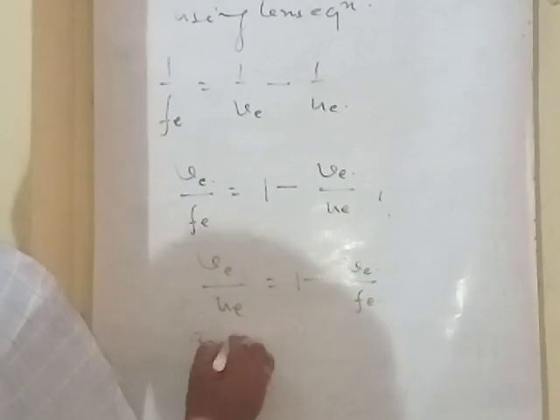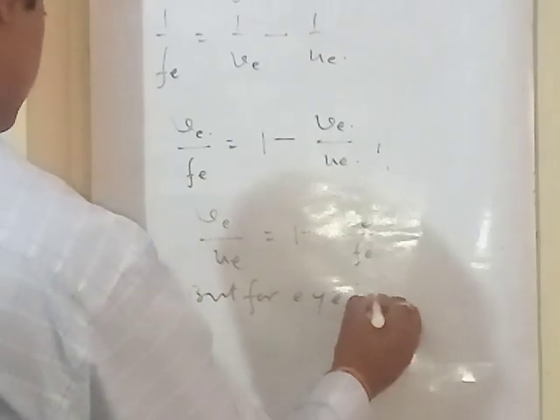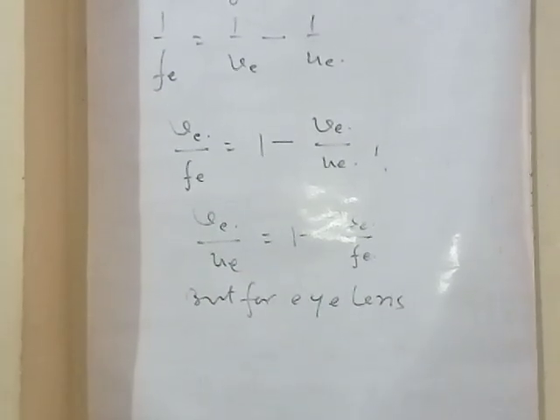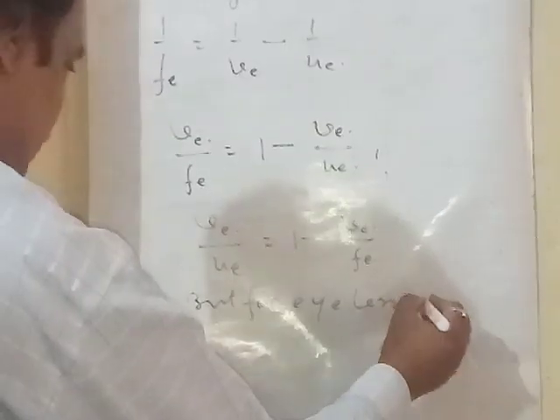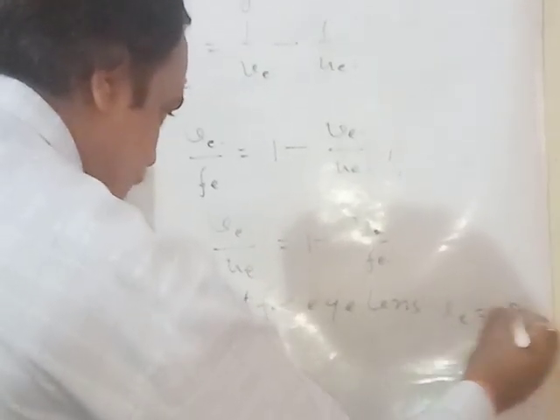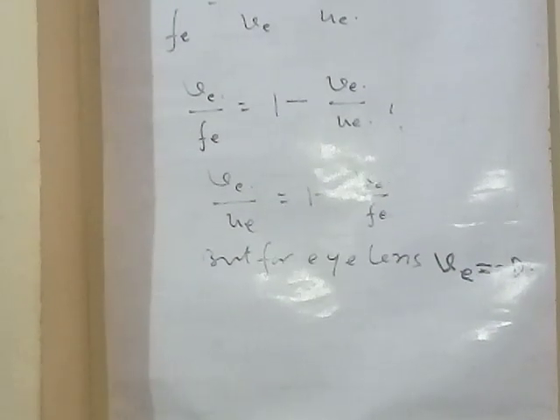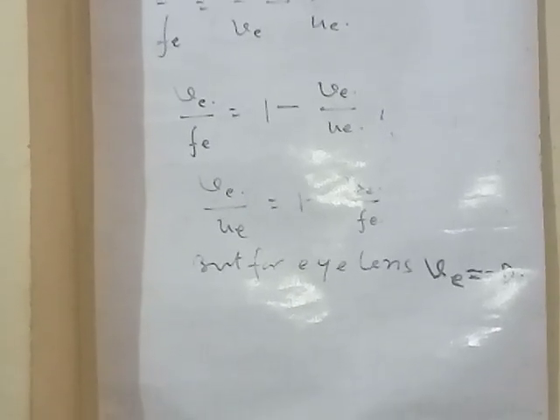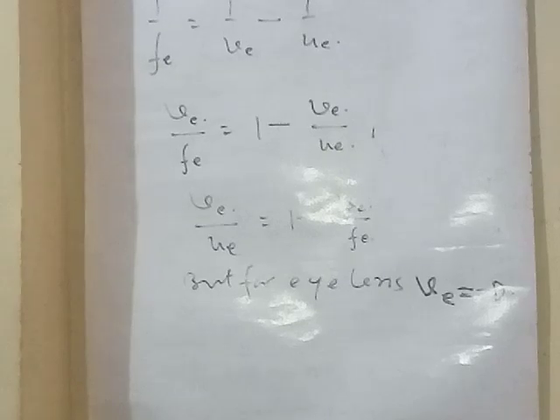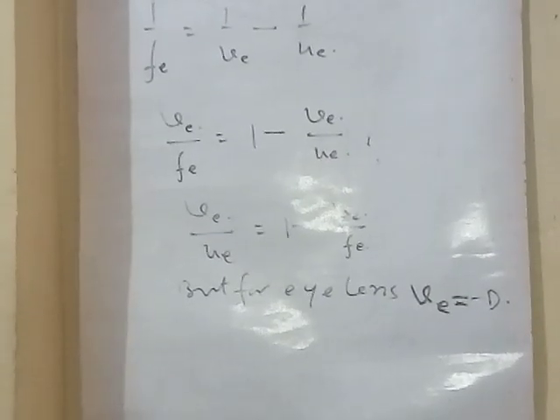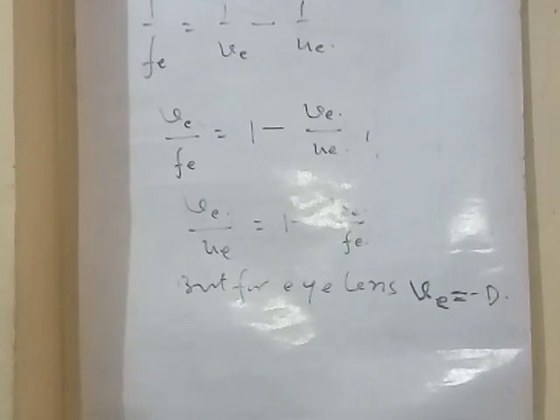But for the eye lens, the image separation is given by VE, and in the case considered we have VE equal to minus D. That is, when the final image is formed at the least distance of distinct vision, it means the image separation from the eye lens is capital D. But this D lies on the left side of the eye lens, therefore it is taken as negative.